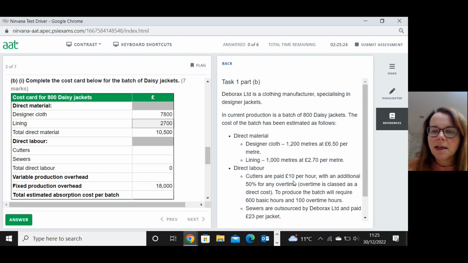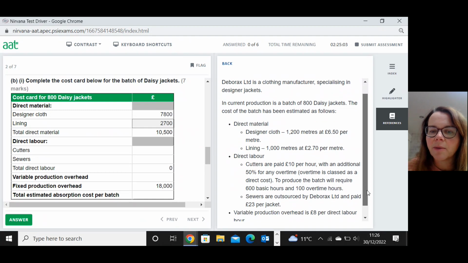Direct labour, cutters are paid £10 per hour with an additional 50% for any overtime. And incidentally, overtime is classed as a direct cost, which means it's directly linked to these jackets that we're making. To produce the batch will require 600 basic hours and 100 overtime hours.